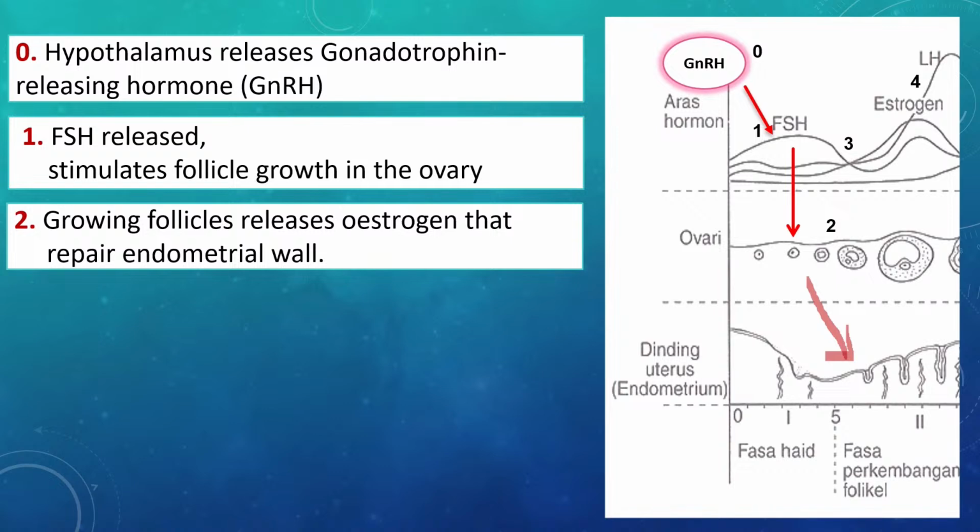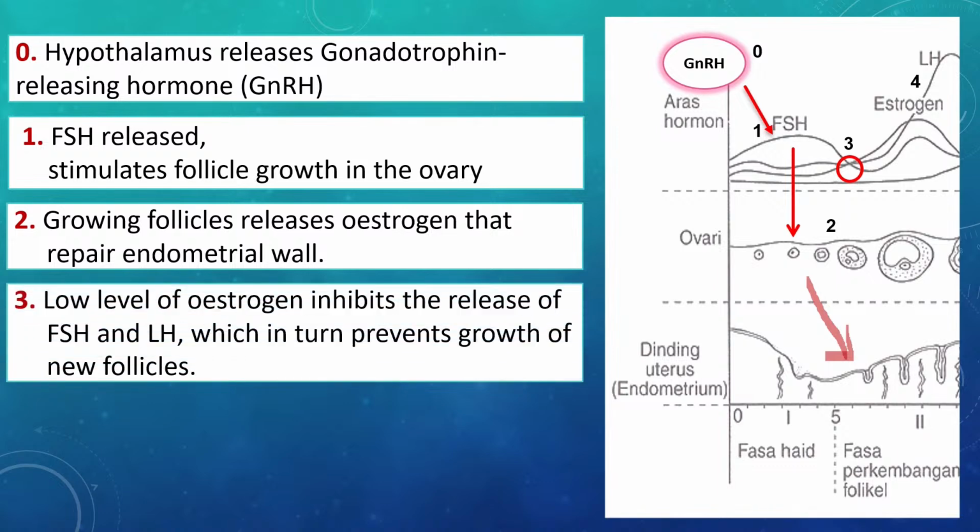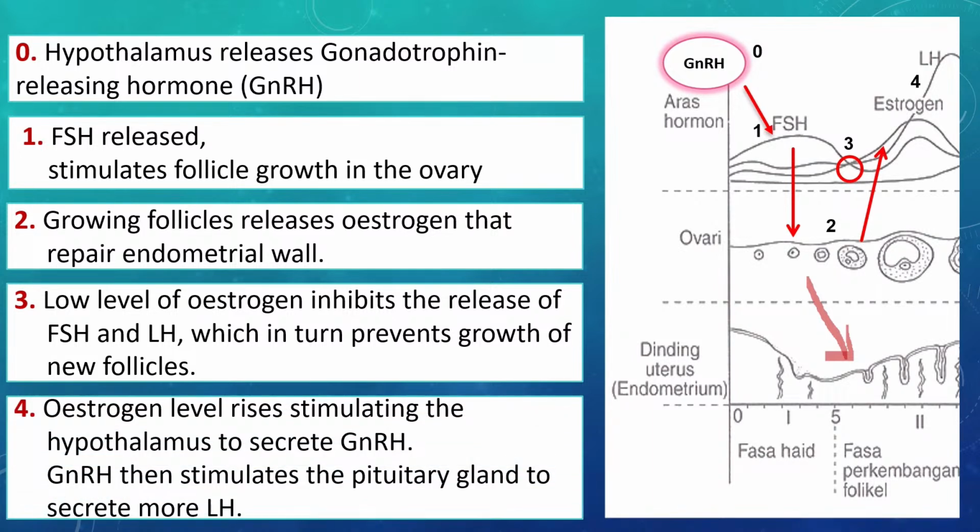Next, as the estrogen level increases, it is also going to stimulate your hypothalamus one more time to increase the level of LH. It is going to promote your hypothalamus to release more gonadotrophin. Gonadotrophin is going to stimulate the pituitary to increase LH.